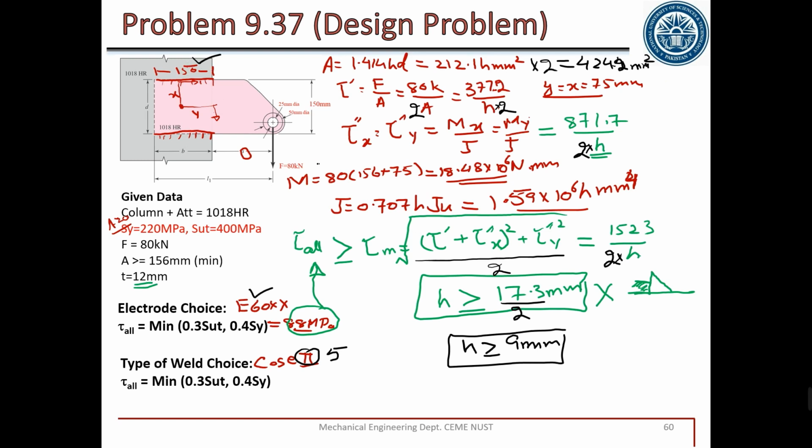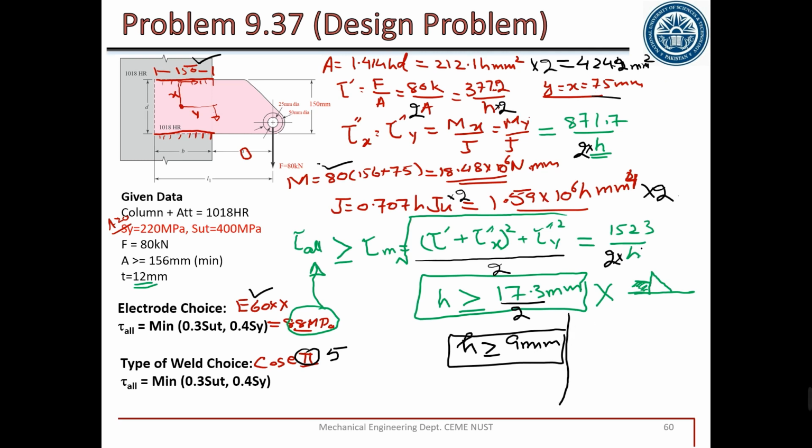Also the moment, there will be no change in moment. Moment will be the same. The value of Ju will be doubled, and because of the doubled Ju, the value of J will be doubled. This will be the same, and the final answer will be 9 mm. So this 9 mm is an acceptable weld.